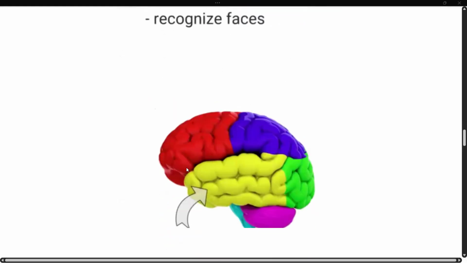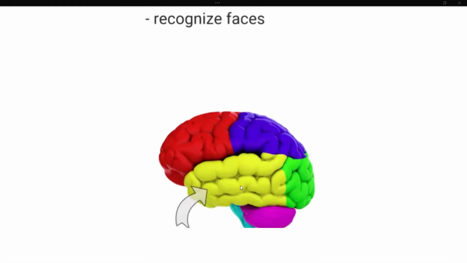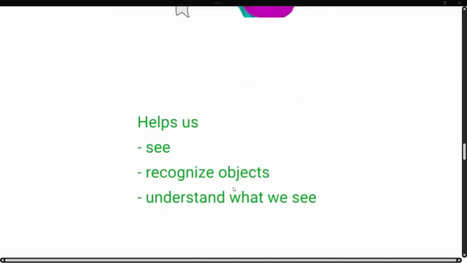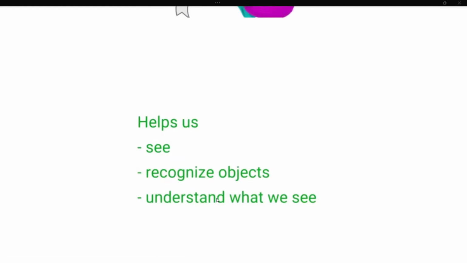Yep, this one. We have frontal, parietal, and temporal. Very good. Okay. Next one helps us see, recognize objects, understand what we see. So, if it's damaged, you can't understand what you're seeing.